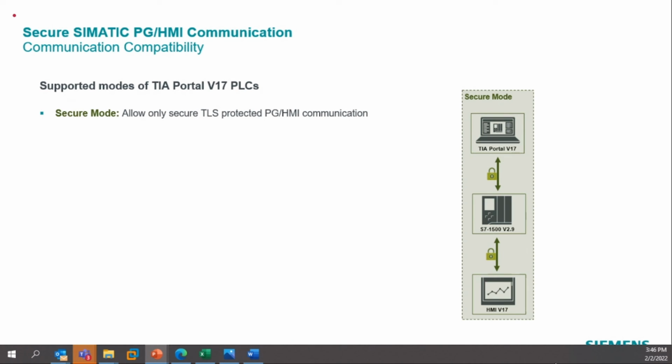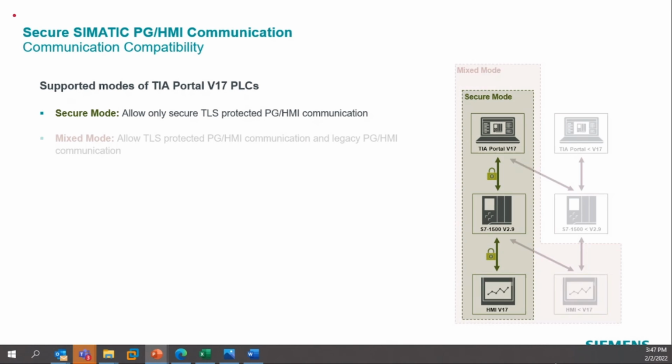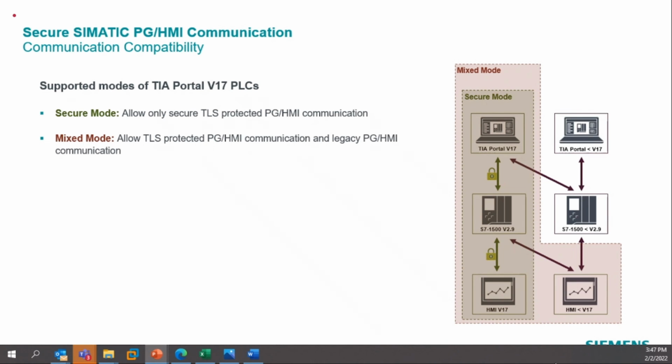So now coming to the last part of this security, the SIMATIC controllers on TIA Portal version 17 can work in two modes, secure mode and mixed mode. In the secure mode, only TLS-based secure communication is allowed between the controller and engineering station or HMI panels. And in the mixed mode, in addition to the secure communication, the legacy mode can be used.